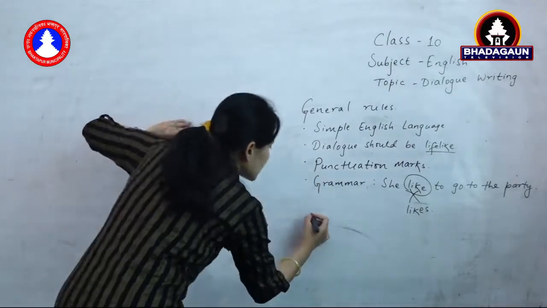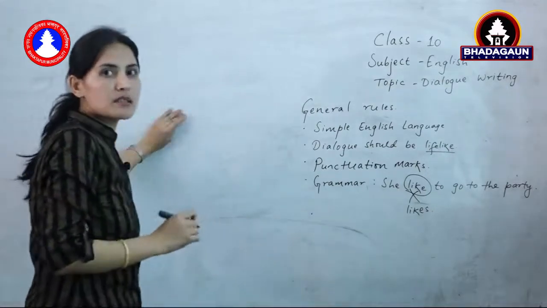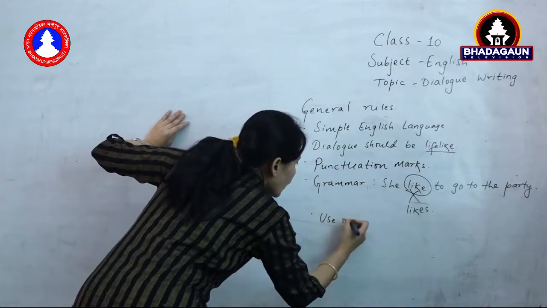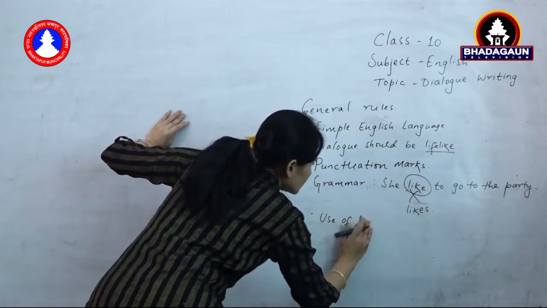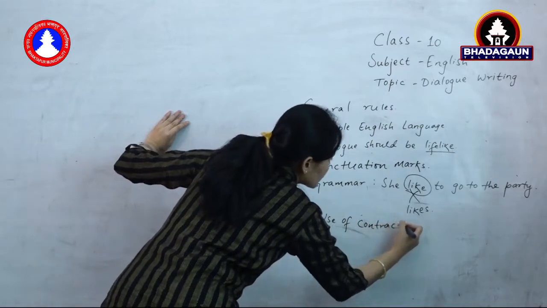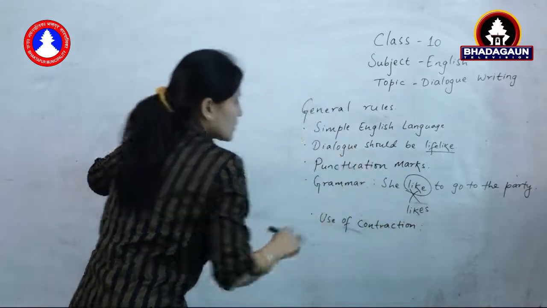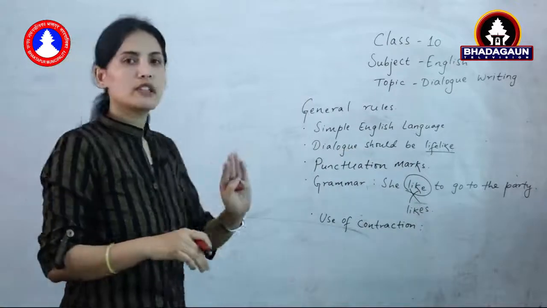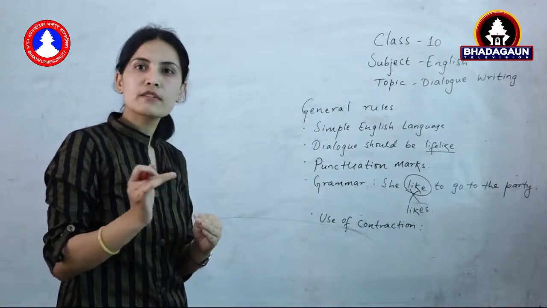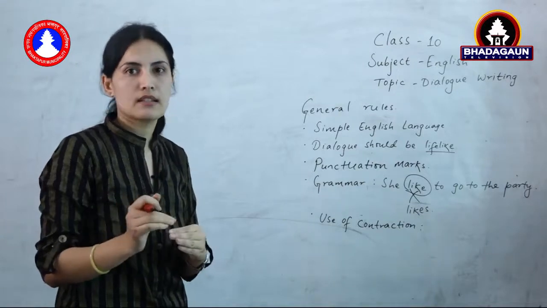And the next thing is that it may sound simple to you, but I focus on the use of contraction. Contraction means, for example, instead of writing "do not," make it "don't." Instead of writing "is not," make it "isn't."